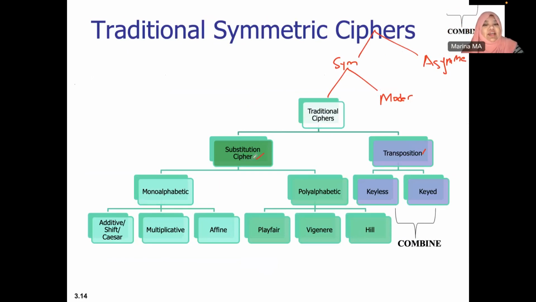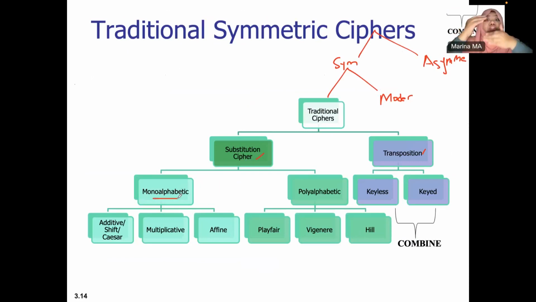Let's look at substitution cipher first. Under substitution, we have monoalphabetic: mono, one alphabet per encryption. First, what is substitution?